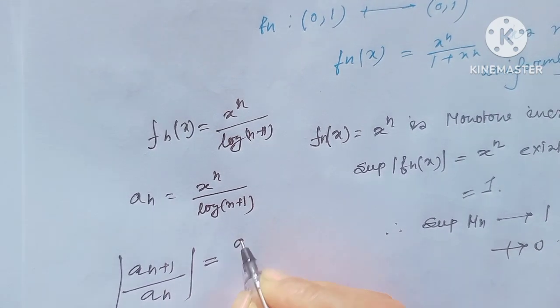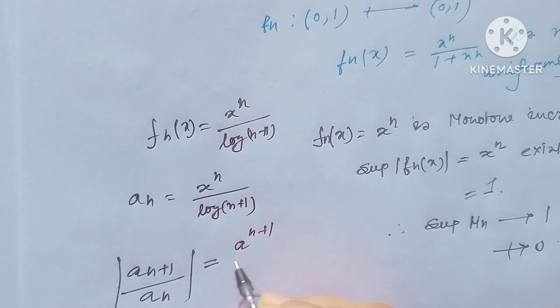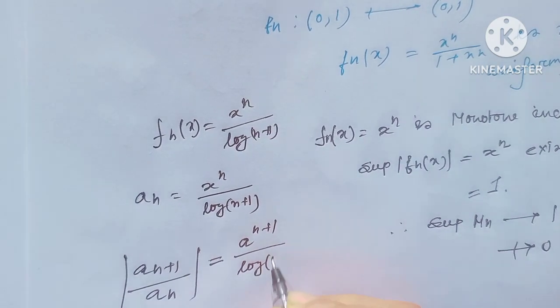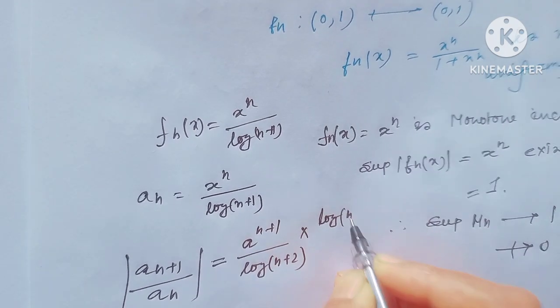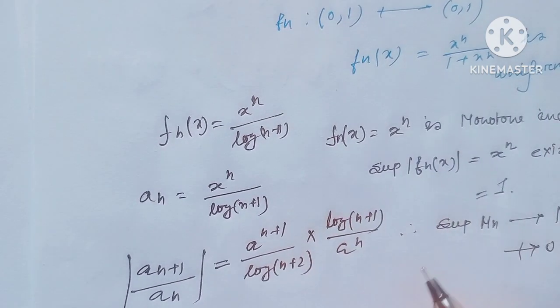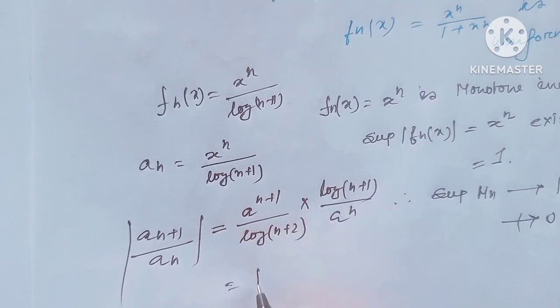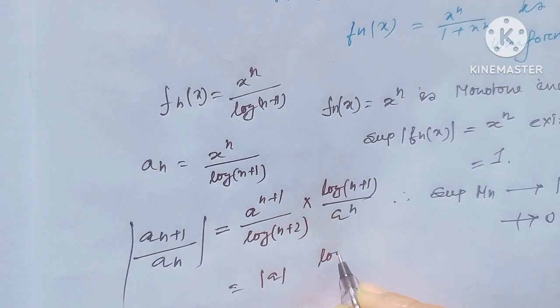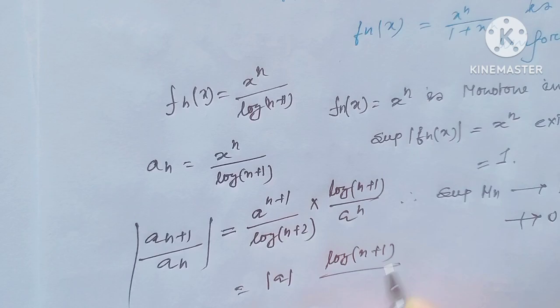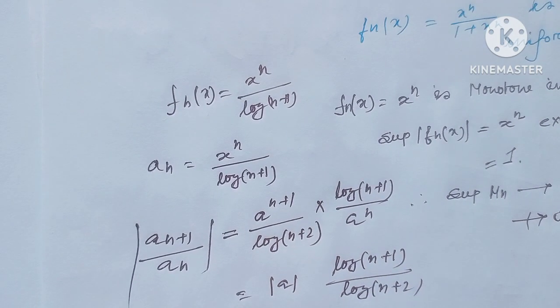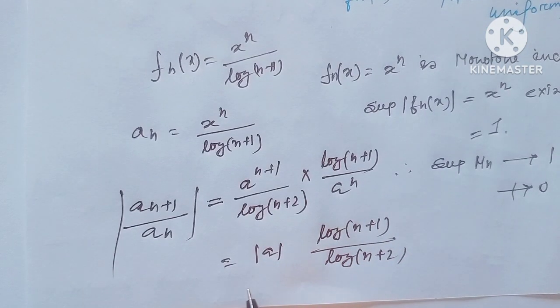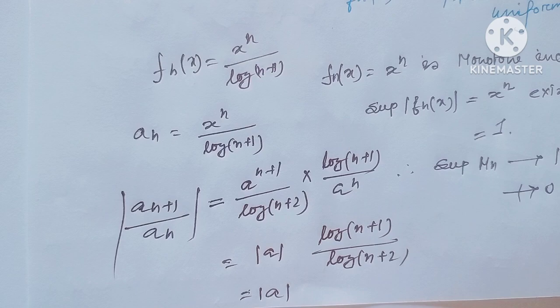This is a to the power n+1, log(n+1) divided by log(n+2) times a to the power n, and this value is mod a times log(n+1) divided by log(n+2), which tends to mod a.